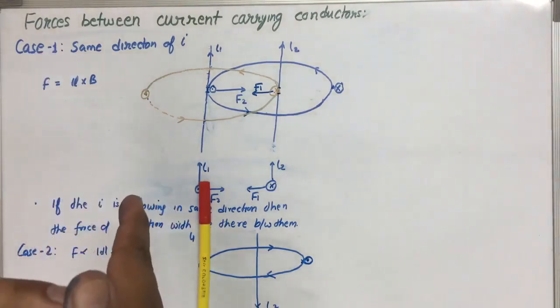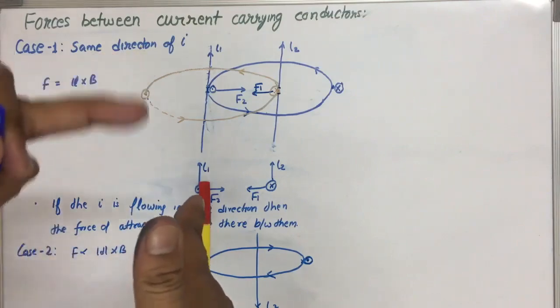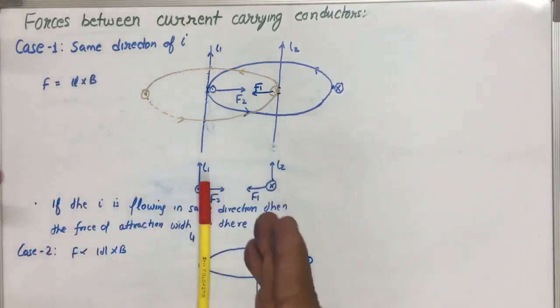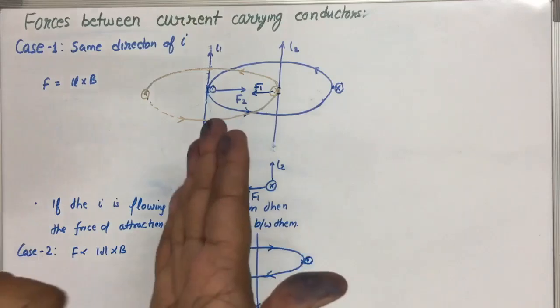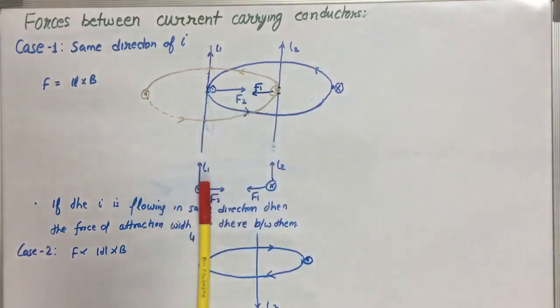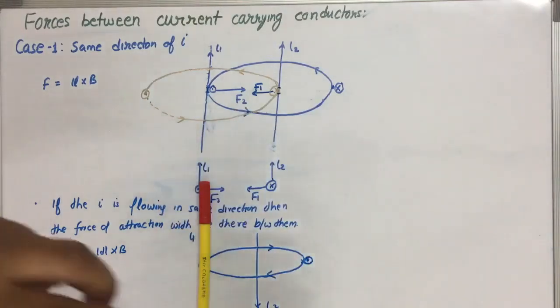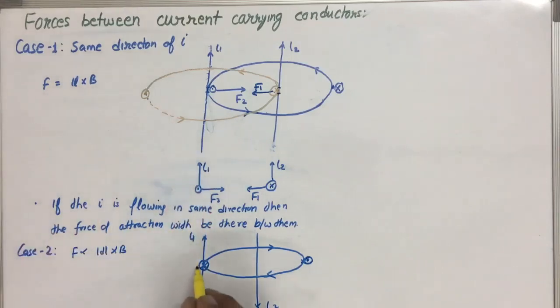The thumb will be in the direction of the current, and the fingers in the direction of the field. The palm will give us the direction of the force. So if the field at this point is downward, the force will be in the direction of the palm. So it will give us the force due to current 2 at this element.